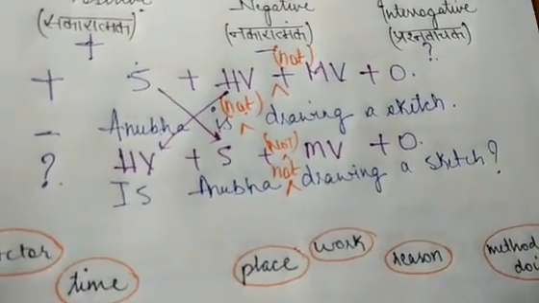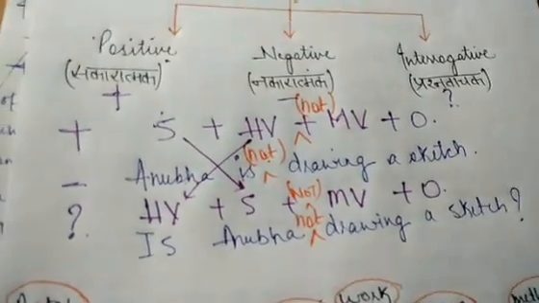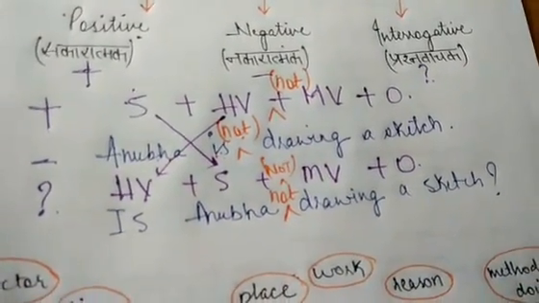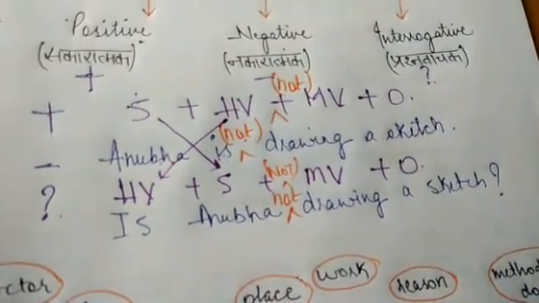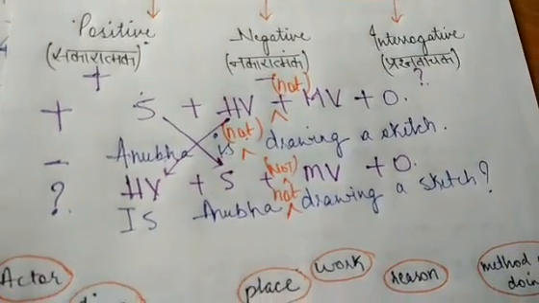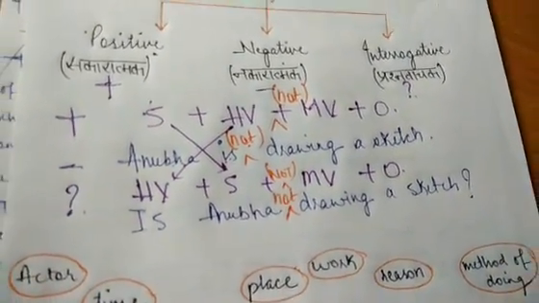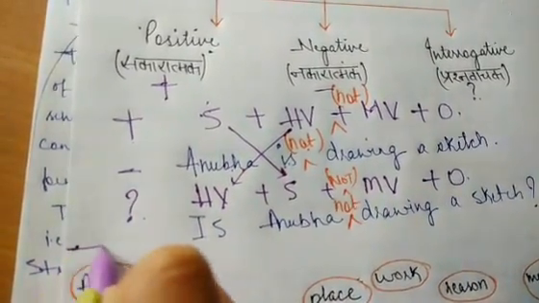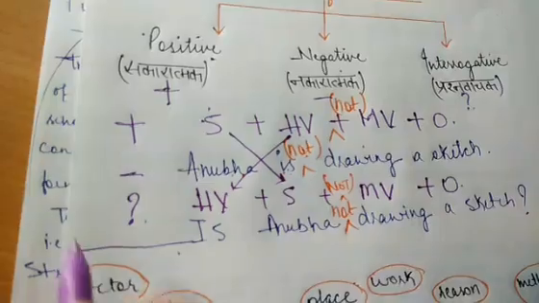Now also observe that if we are adding certain words to these sentences, that is interrogative words like why, where, when, how, all these interrogative words are added in the beginning.